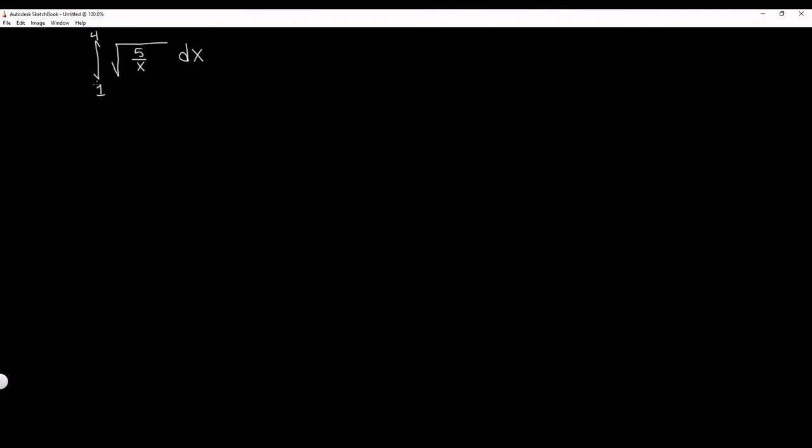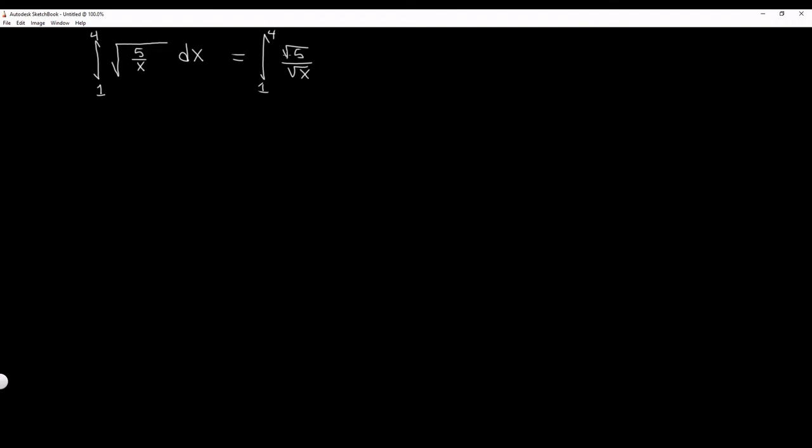So for our second problem, we're going to take the definite integral from 1 to 4 of the square root of 5 divided by x dx. The first thing we need to do is take the antiderivative of the square root of 5 divided by x. We're going to start by rewriting this as the definite integral from 1 to 4 of the square root of 5 divided by the square root of x.